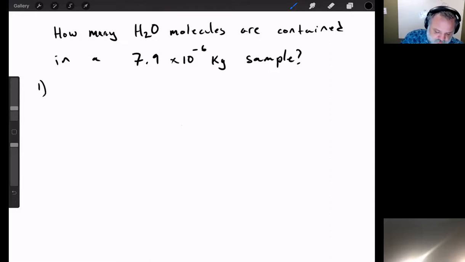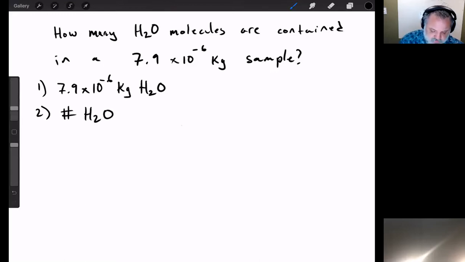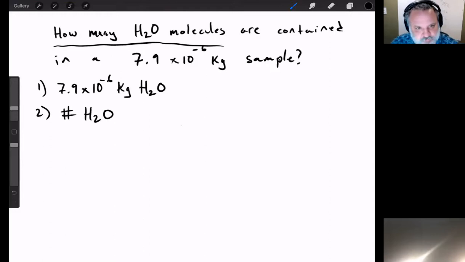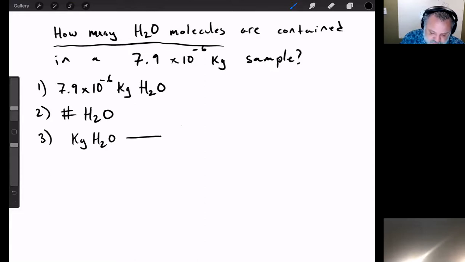So what are you given? You're given 7.9 times 10 to the negative 6 kilograms of water. What we want to know is the number of water molecules. That's what it asks. How many water molecules? So the basic plan is to convert kilograms of water, a mass, into the number of water molecules.